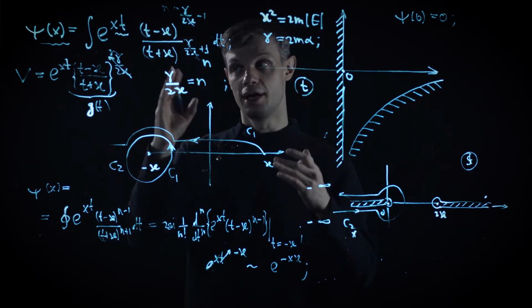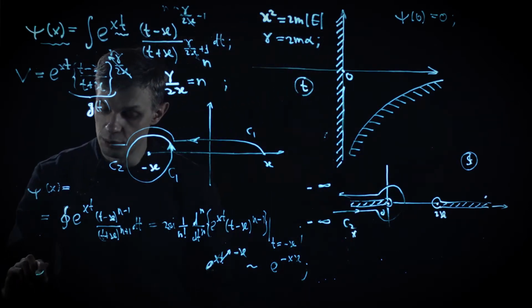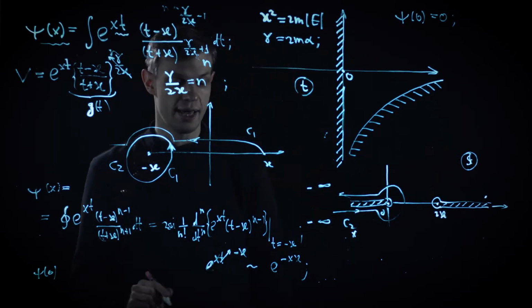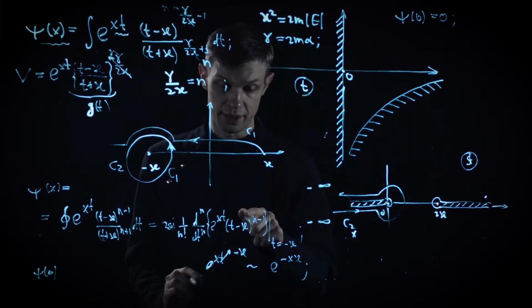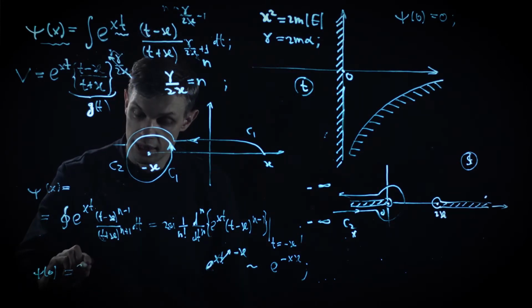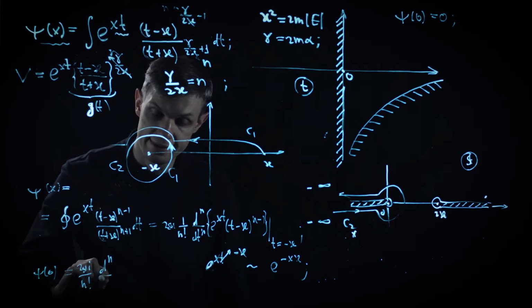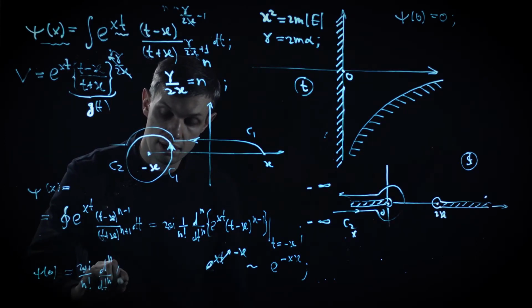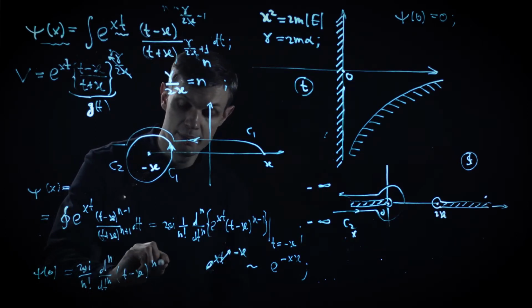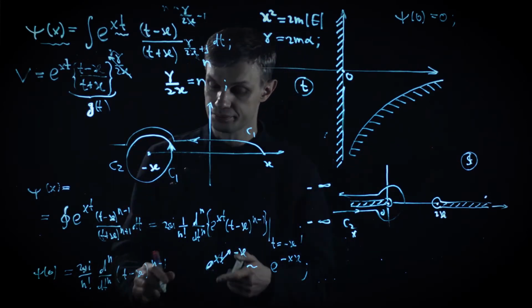Well, we'll have to check that the other condition holds. So let's figure out what's going to happen at the point x equal to 0. So let's put x equal to 0 in our derivative, and what we get is the nth derivative of the expression which became a polynomial of n-1 order.